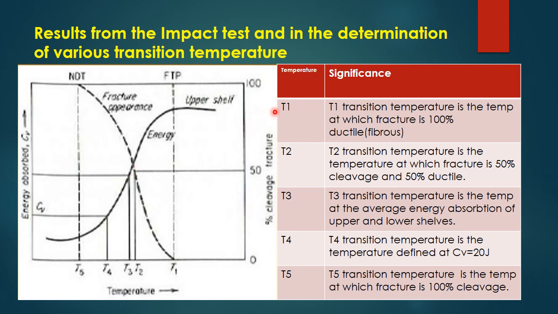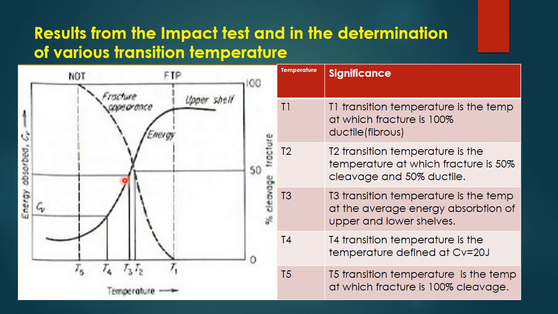One is 100% ductile fracture, which takes place at T1. In between, at the center of the line, 50% cleavage and 50% ductile, that is T2. Then this is T3, the transition temperature at the average energy absorption of the upper and lower shelves.